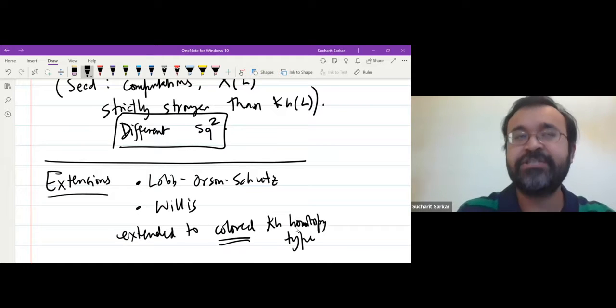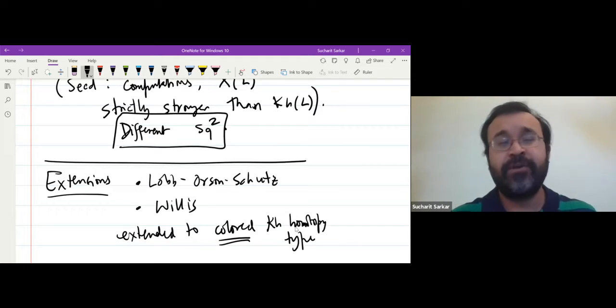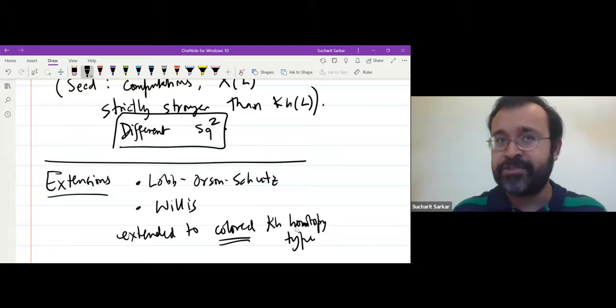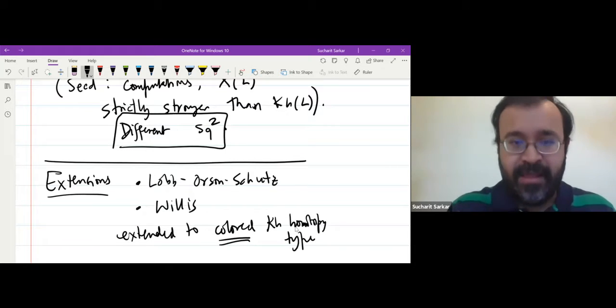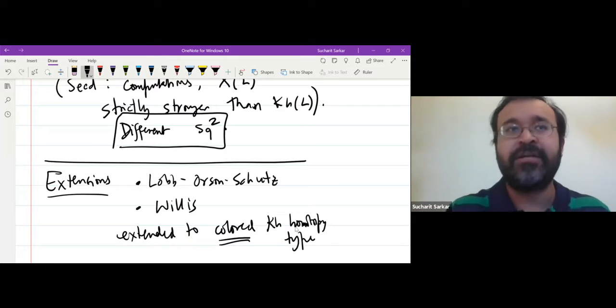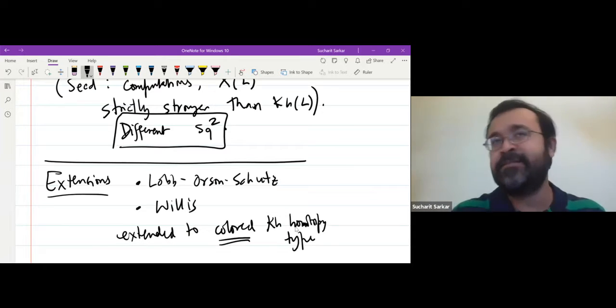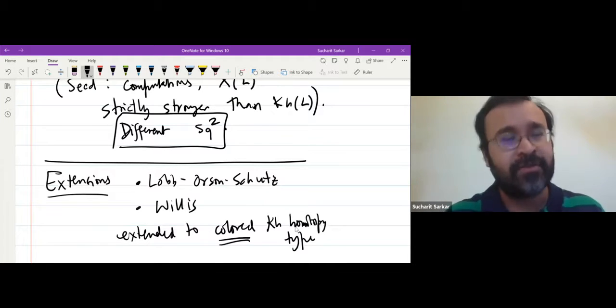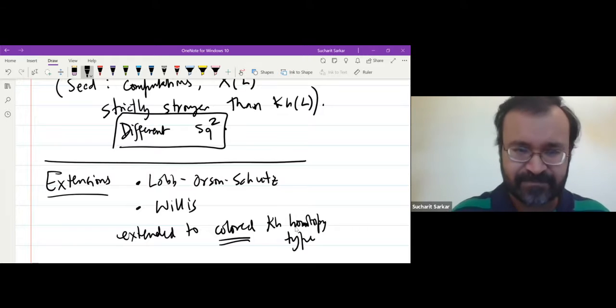There is a generalization of Khovanov homology for colored links, where the different link components are colored by different representations of SL2, and so there is a definition of the colored Jones polynomial. There is an extension to colored Khovanov homology, and so they extended to colored Khovanov homotopy types as well.